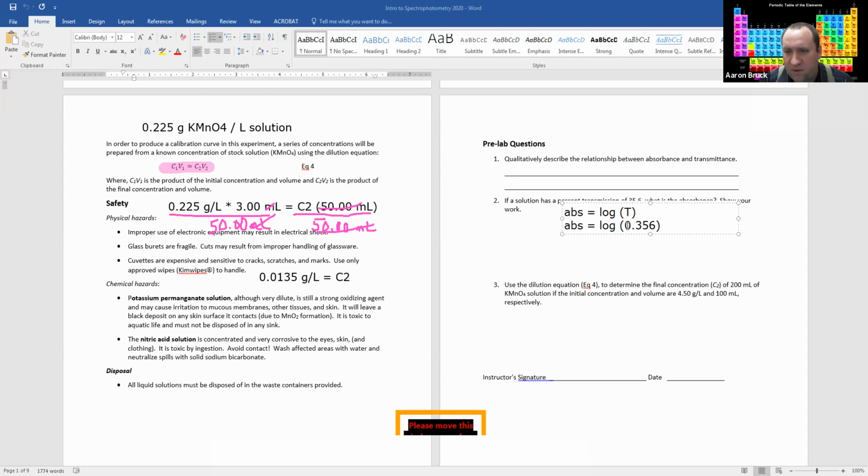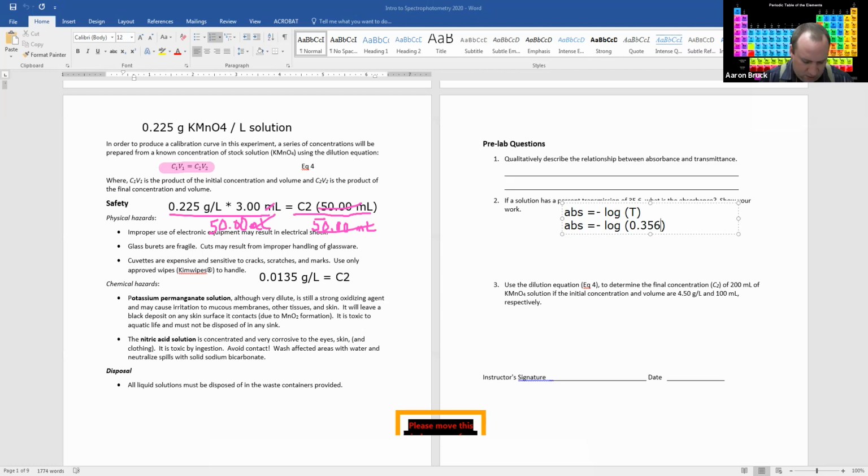Oh, my apologies. It is the opposite of the log of the transmittance, and the transmittance needs to be converted to decimal form.